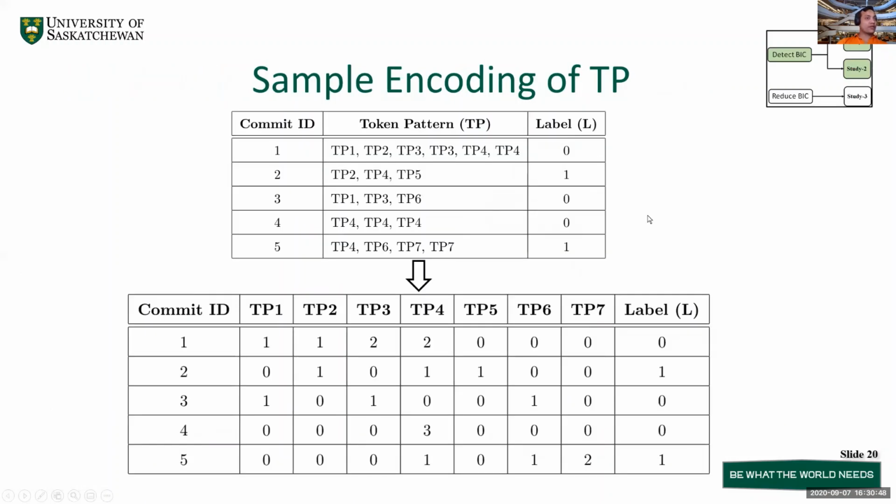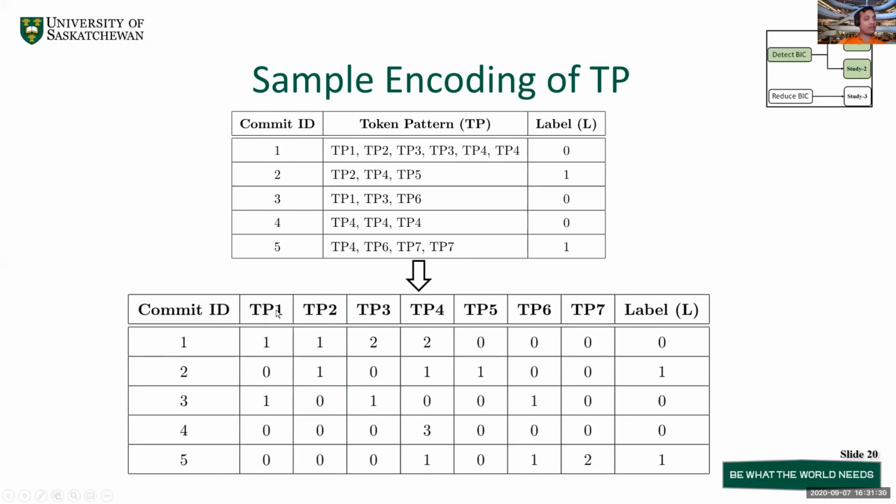So here a sample encoding is given. An example of 5 commits is given, and their associated labels are given also. 1 represents the bug-inducing commits, 0 represents the clean commits, and for each commit, the identified code patterns are given here. If we find 7 unique patterns from all the code patterns in our dataset, then each of the patterns will be used as a column head to represent the feature names.